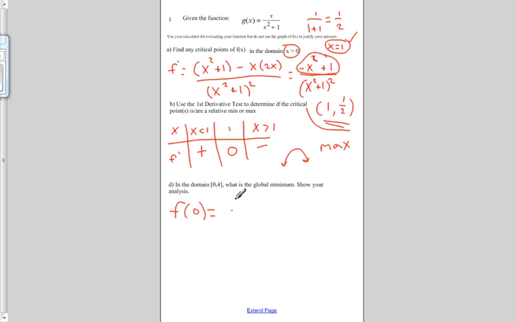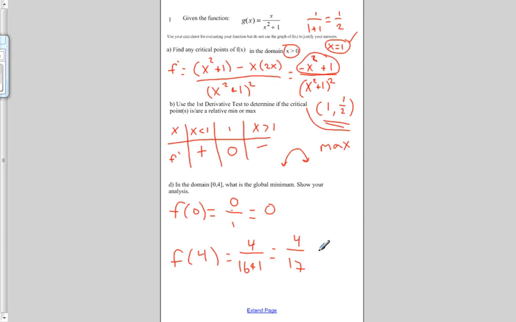Well, f of 0 is 0 over 1, which is 0. And f of 4 is 4 over 16 plus 1, which is 4/17. So what's our global minimum?